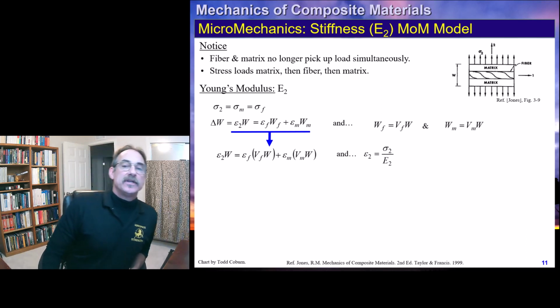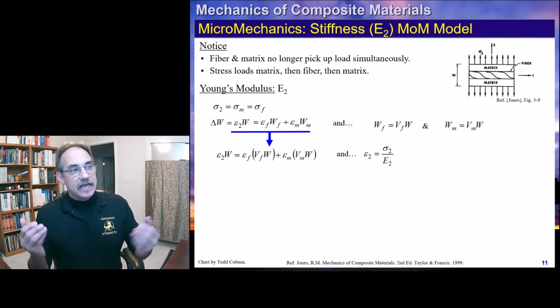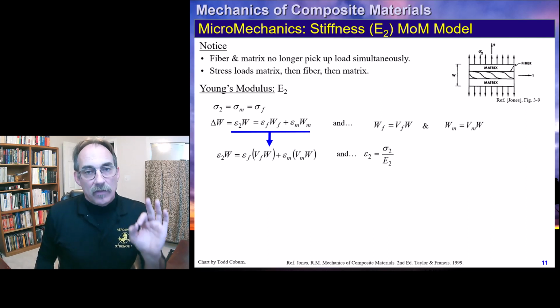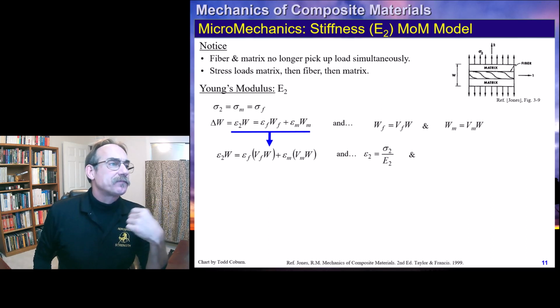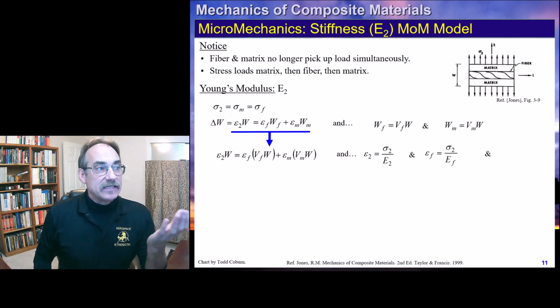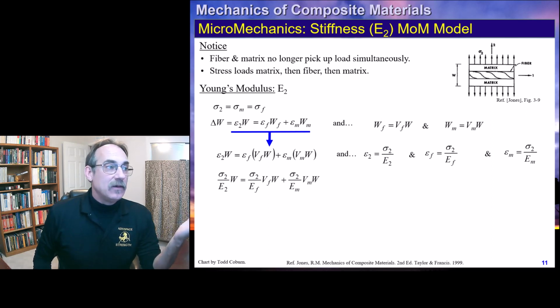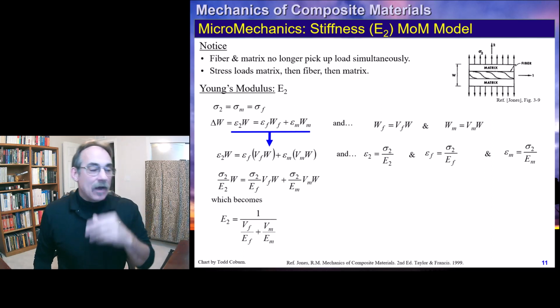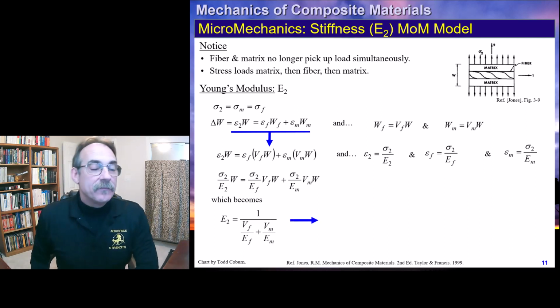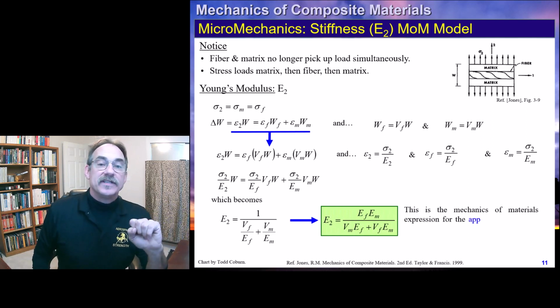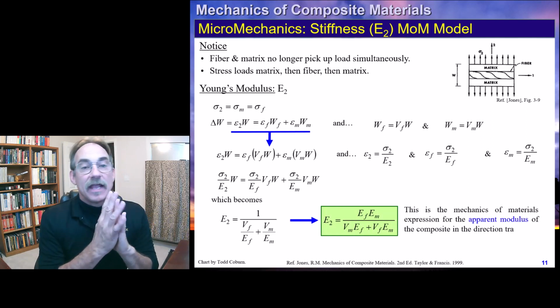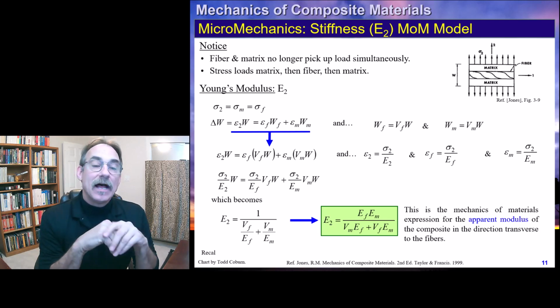And if we note that our Hooke's law says the strain in the 2 direction is just the stress over the modulus, and we can write the same thing for the fiber and the matrix. Plug all that in, we can write our equation this way, which we can now rearrange with 10th grade algebra into this form. This is our mechanics of materials expression for the apparent modulus.